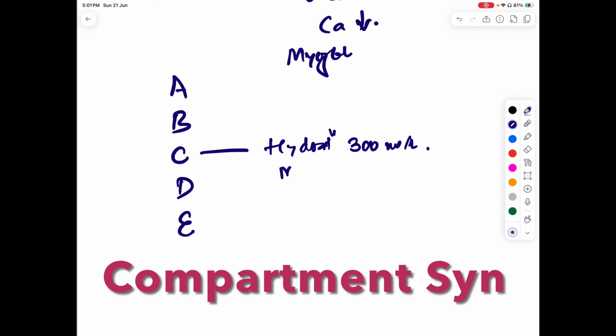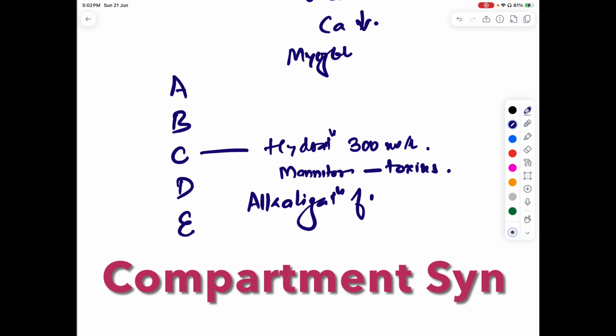Then mannitol, an osmotic diuretic, has to be given to wash out the toxins. Then alkalization of urine by giving soda bicarb.